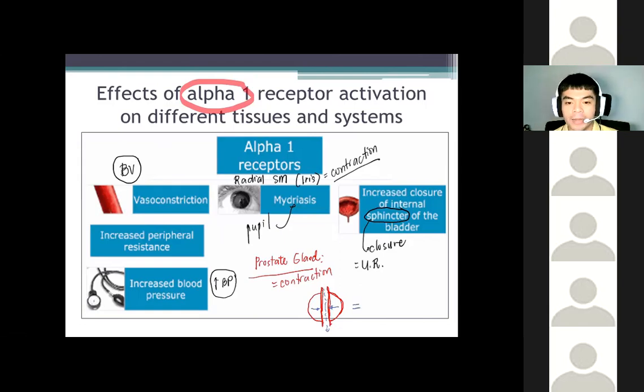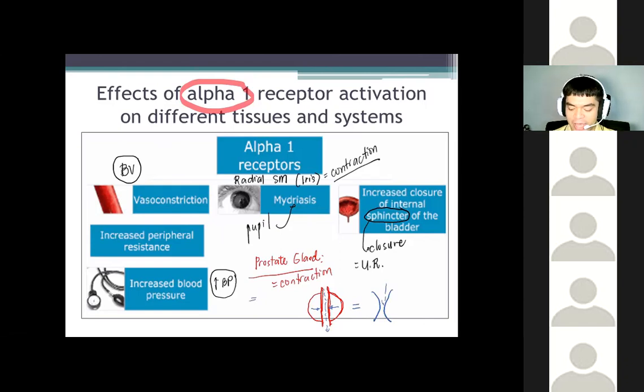Question, kapag na-push siya towards the center, how's the diameter or how's the daanan ng ihi pag nag-contract ang prostate gland? Luluwag or sisikip? Okay, very good, sisikip. So kaya pag sisikip, how's the movement of urine? Less or more? Less. Yes, kaya ang effect kapag nag-contract ang prostate gland in males, is it urinary retention or urination?